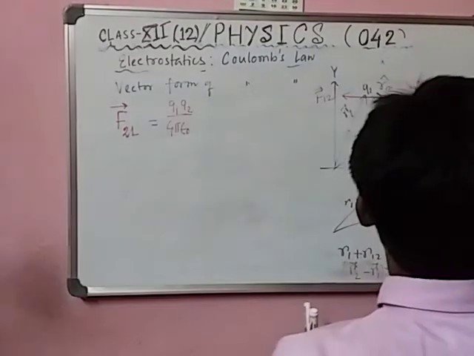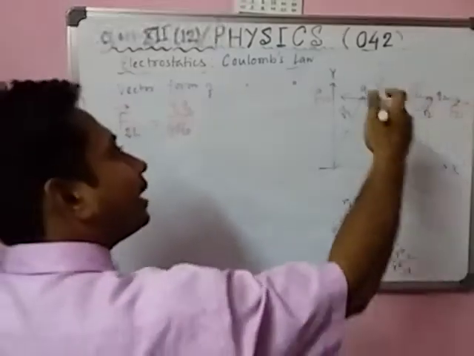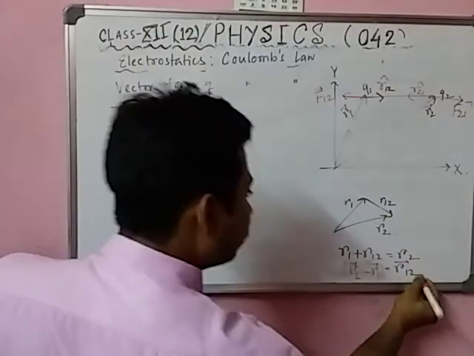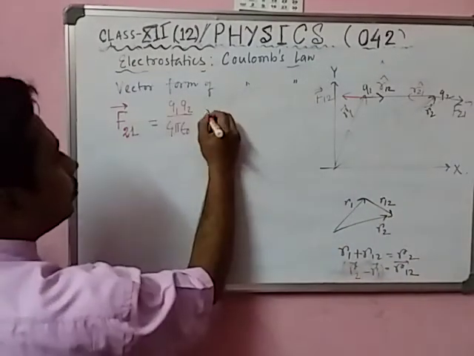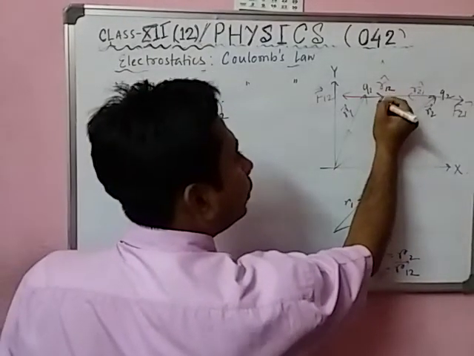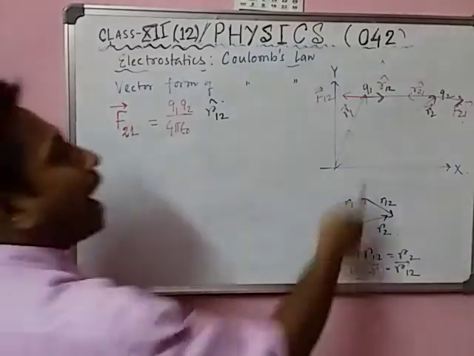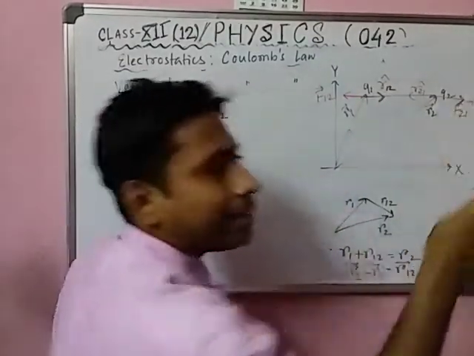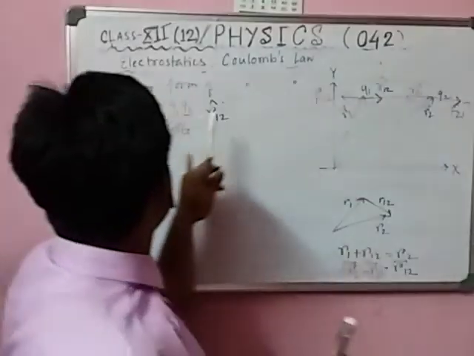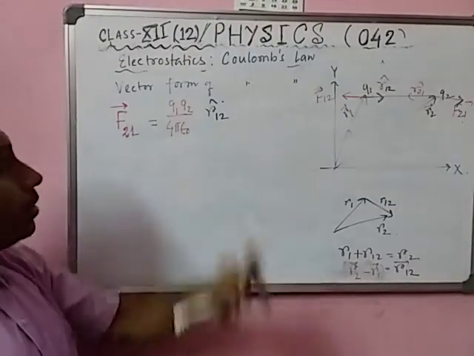Sir, F21 is acting in the rightward direction, similar to R12. So you can write unit vector R12 because the direction of R12 and F21 is the same. So F21 is equal to the unit vector times the magnitude.